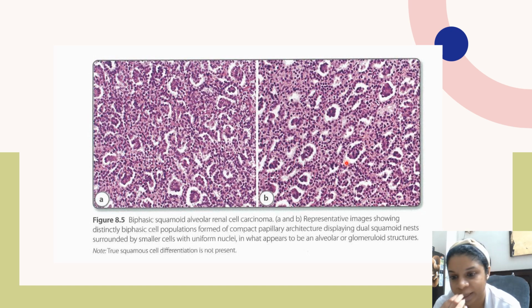Glomeruli in kidneys, you know that there is a bunch of cells in between, then there is a clear urinary space, and then outside there is the cellular lining of the epithelial cells. In such a way here also there is an alveolar or glomeruloid kind of structure, and then squamoid appearance, along with the papillary architecture. So it is called biphasic squamoid alveolar renal cell carcinoma.